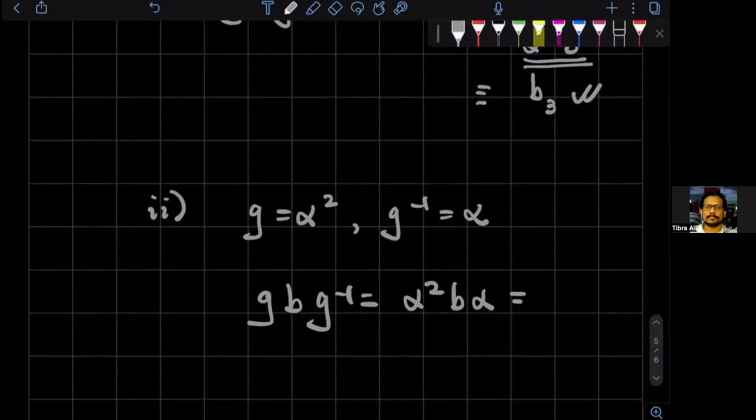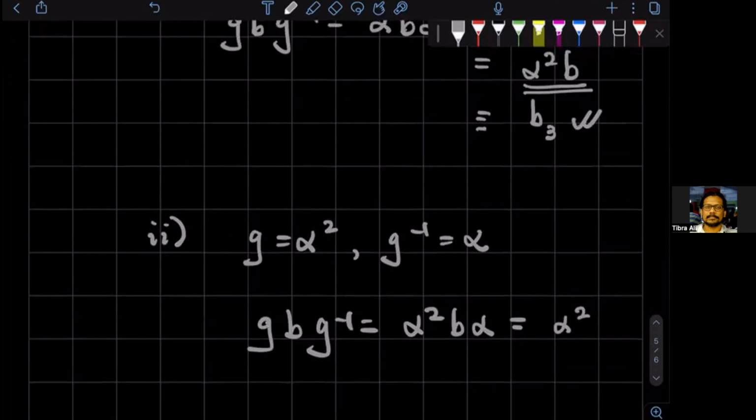So alpha squared B alpha, this is this thing, right? B alpha squared, right? So this is going to be B alpha, alpha squared B, and this is going to be alpha B, right?